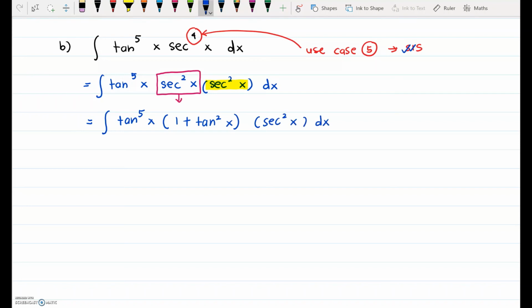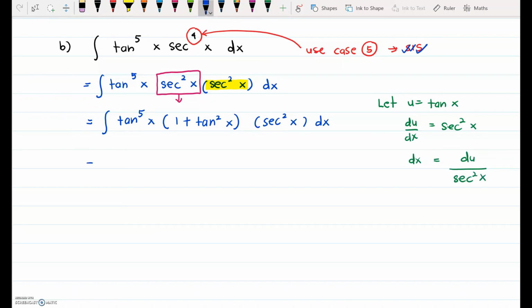Next we continue with substitution. Let u be tangent x and du dx be secant square x, so dx is du divided by secant square x.